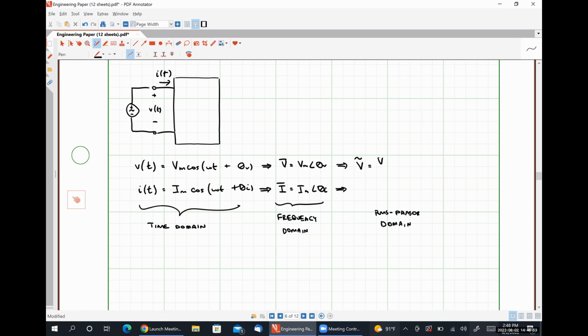And this is simply our phasor voltage V divided by the square root of 2, because the effective value of a sinusoidal voltage is just the magnitude over the square root of 2, and our phase angle is going to remain unchanged. So this is going to look like Vm angle theta V over the square root of 2, which is the same as V effective angle theta V. We can do the same thing for our currents.